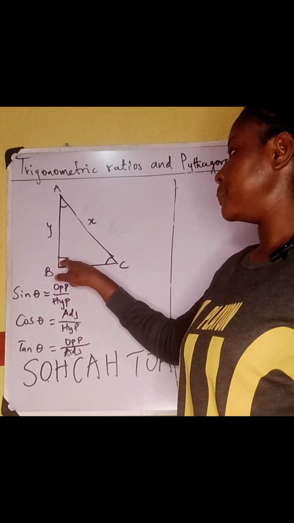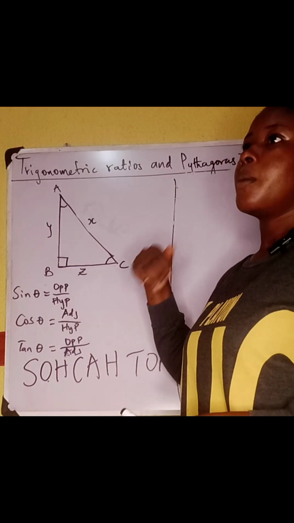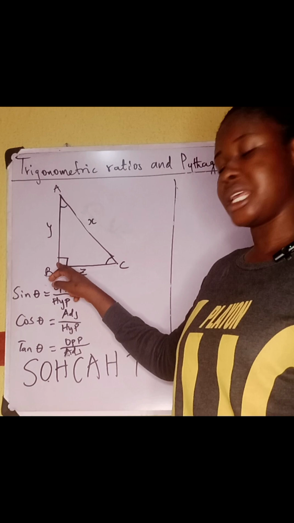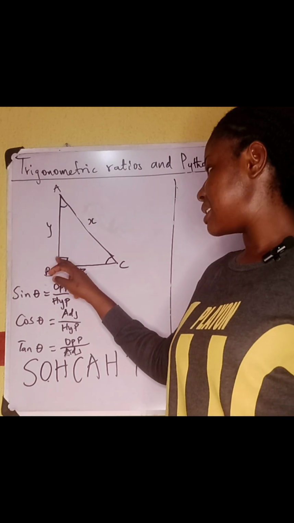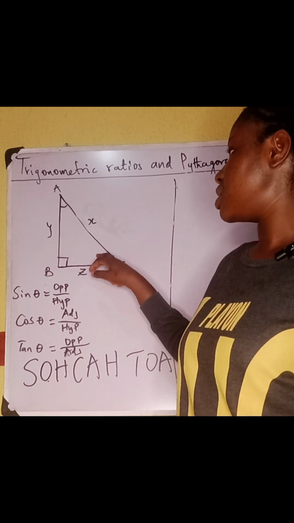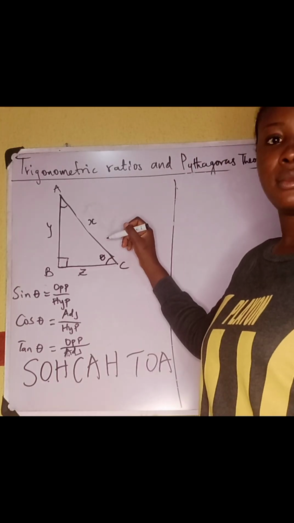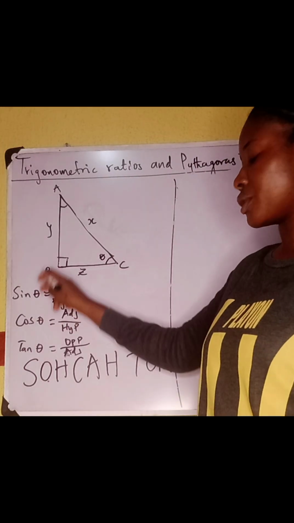Remember, we have a right angle here, but the other two angles we are considering are this one and this one. We don't really consider the right angle. So if my theta is here, that's the angle we are talking about.